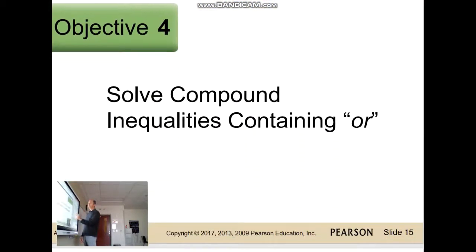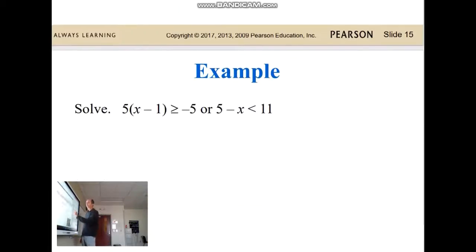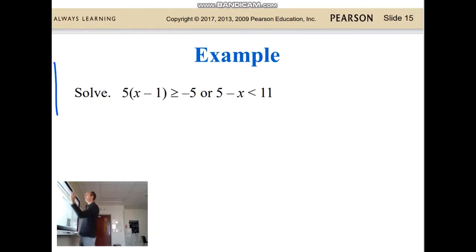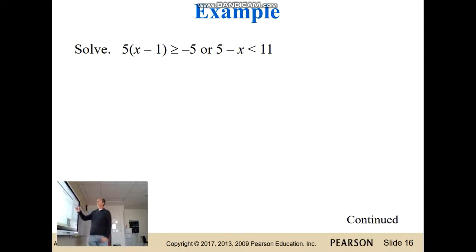Objective 4. Solve compound inequalities containing OR. And check this example here. Solve 5 times parenthesis x minus 1 close parenthesis greater or equal than negative 5, or 5 minus x is less than 11.